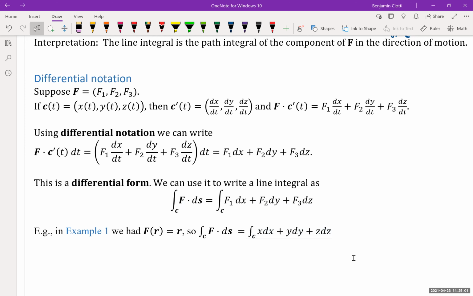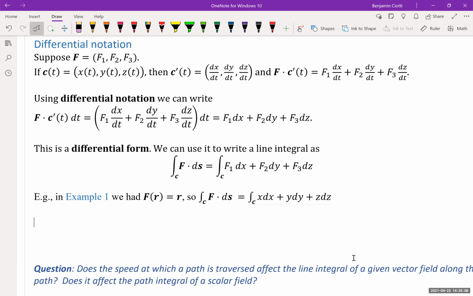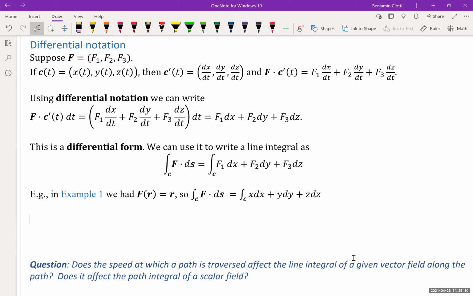Next, I'm going to ask a question about line and path integrals. So here's the question. Should a line integral change depending on how fast you traverse it? Okay, remember, a line integral is like the work done by a force acting on a moving object.